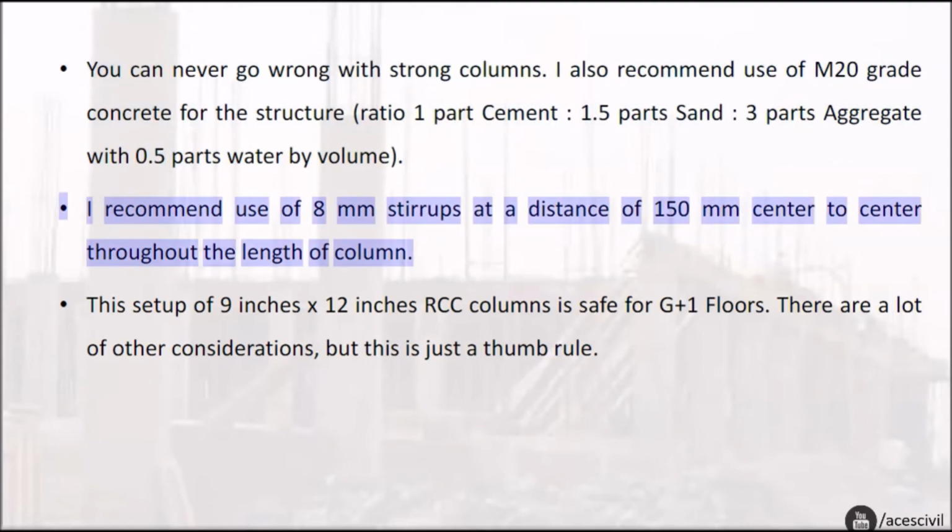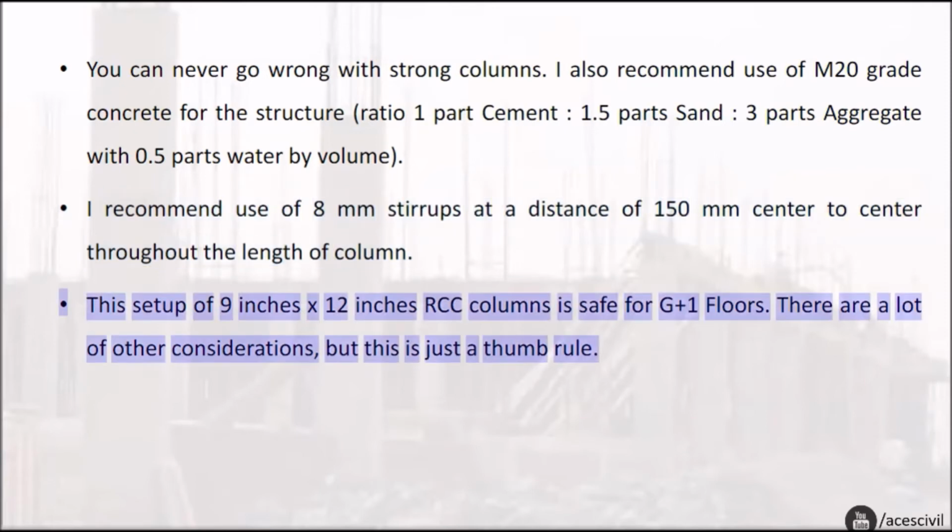I recommend use of 8 mm stirrups at a distance of 150 mm center to center throughout the length of the column. This setup of 9 inches x 12 inches RCC columns is safe for G+1 floors. There are a lot of other considerations, but this is just a thumb rule.